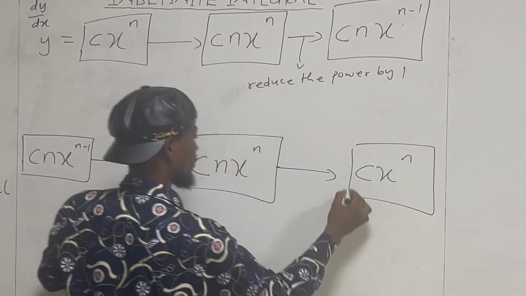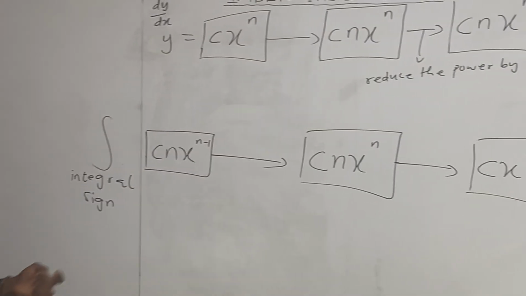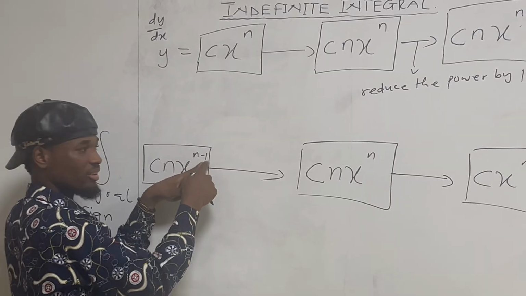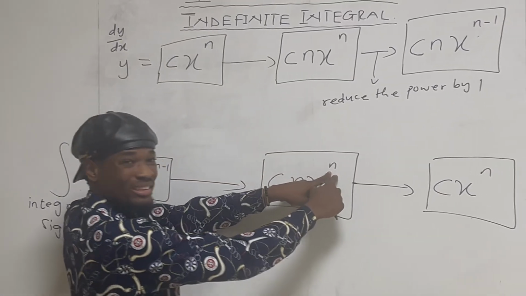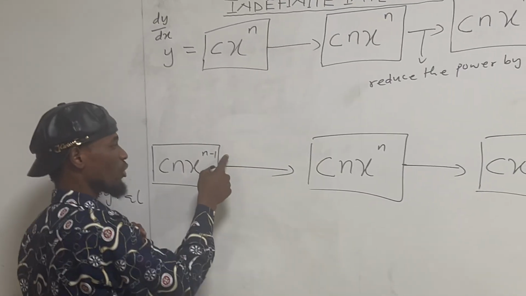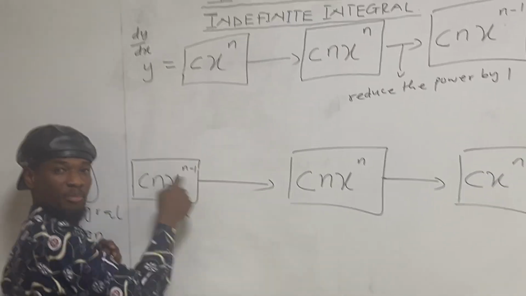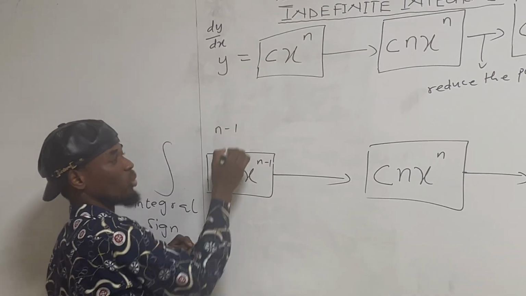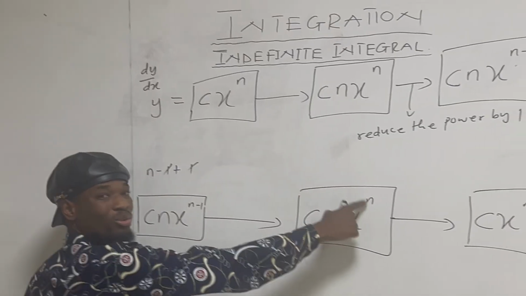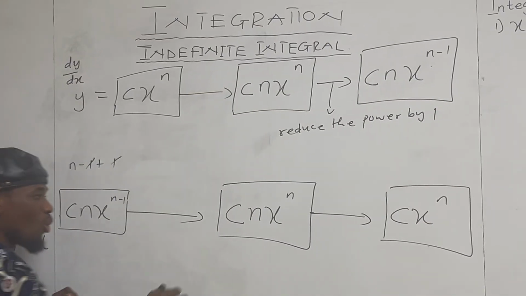Let's see what's happening. For this, it was n minus 1, but when we came over here, it was n only. It means we added 1 to this expression. So if I add 1 to n minus 1, the 1 nullifies it, and we have only n. You get that?